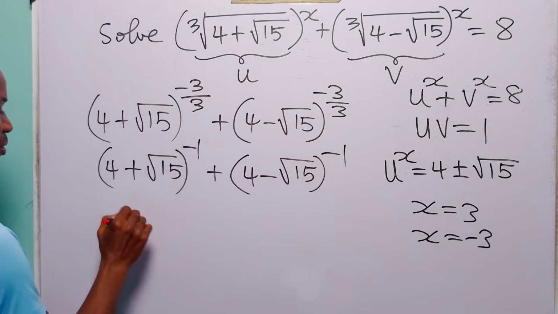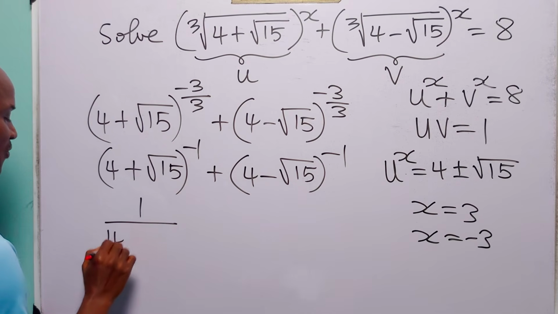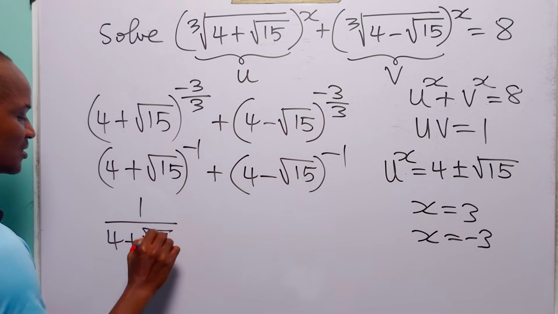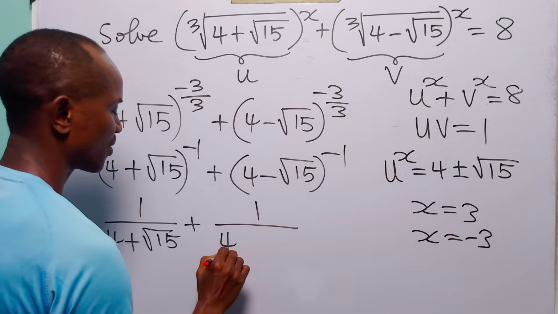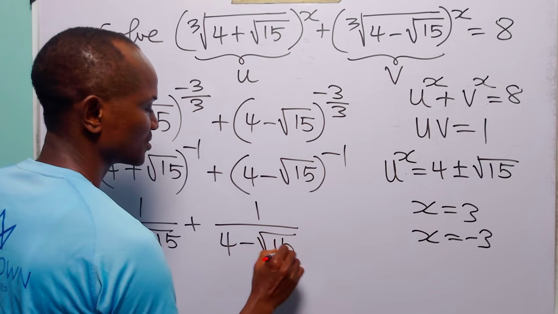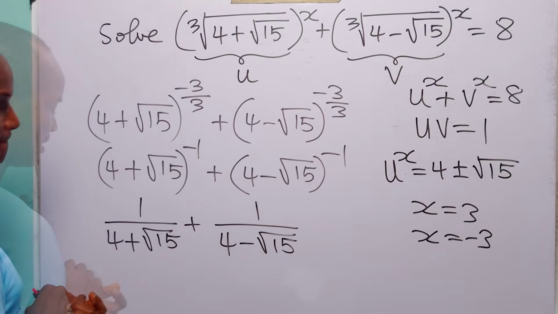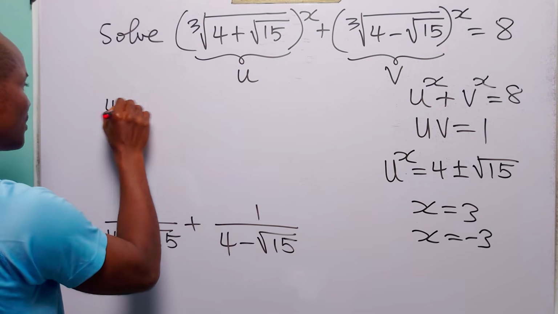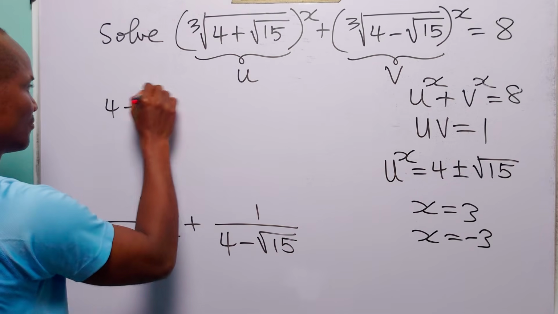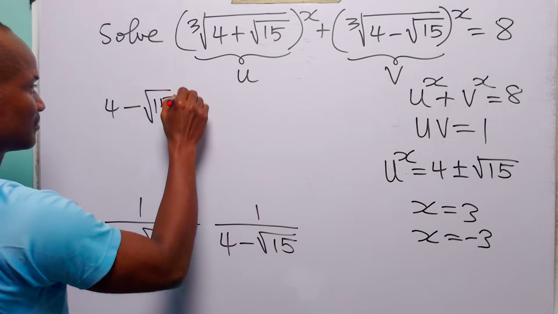We have 1 over 4 plus root 15 plus 1 over 4 minus root 15. And when we rationalize this, we have 4 minus root 15.